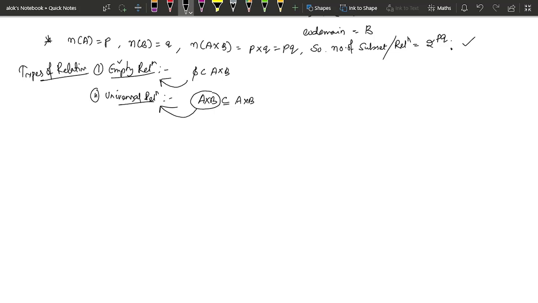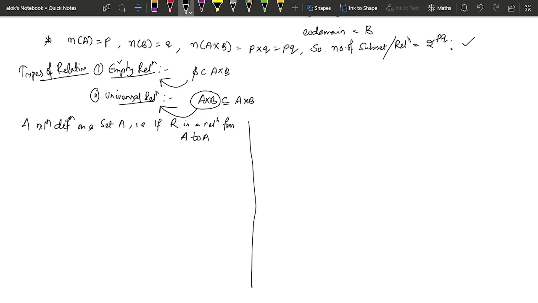In the first way, a relation is defined on a set, that is, if a relation R is defined from A to A, that type of relation has a different classification.